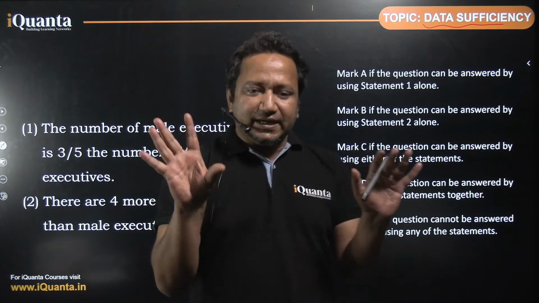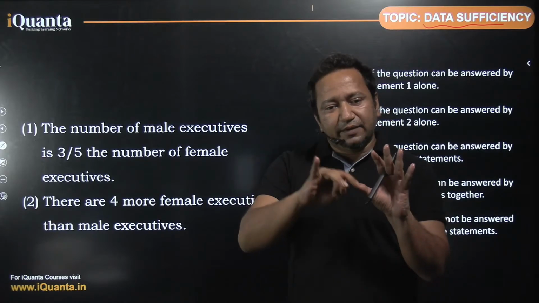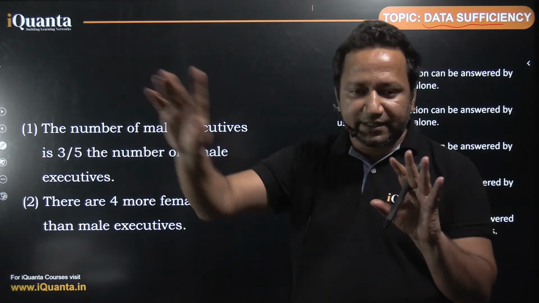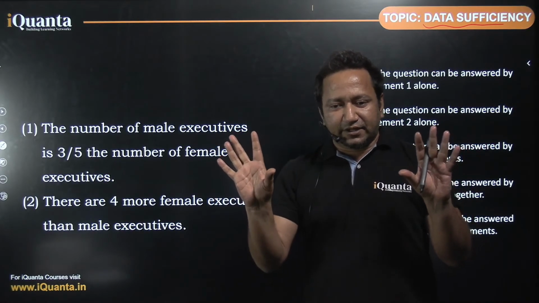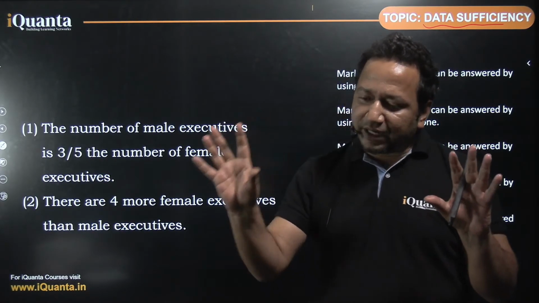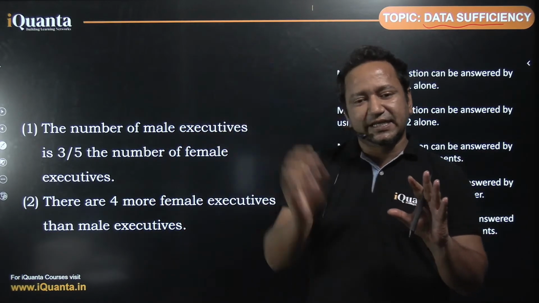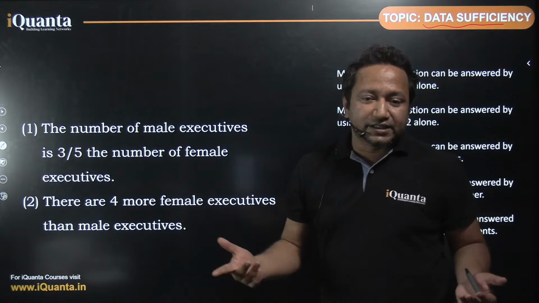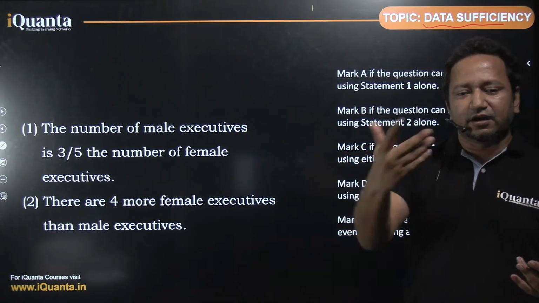Once you realize whether you are able to find the solution, data sufficiency is sorted. That's the one-liner. If you realize that you have all the tools, formulae, observations, generalizations, all the knowledge to find the solution, that is what data sufficiency asks you.